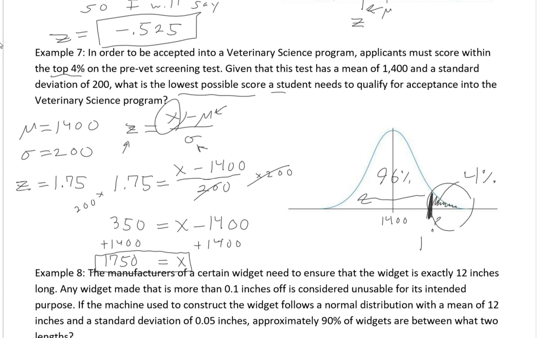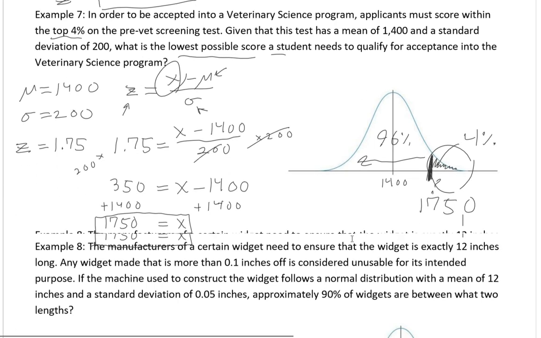So 1750 is the lowest possible score a student can get to qualify for acceptance to this program. All right, so that one's not too bad. A lot of these questions where you do have to find the percentages, it should be a very easily defined z-score instead of splitting the difference, but sometimes you can.